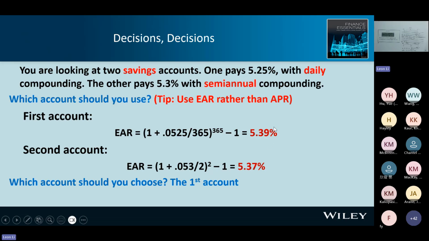This is the EAR of the first account. Second account, EAR, semi-annual, so you can see the number 2. That means in 1 year, 2 semi-annual periods. And this number is here. So the second account's EAR is lower. Which account should you choose? The answer is the first account. So the point is we need to use EAR rather than the APR.